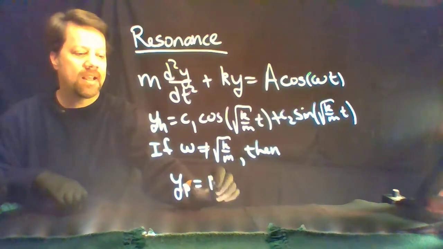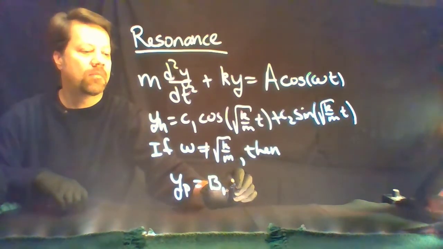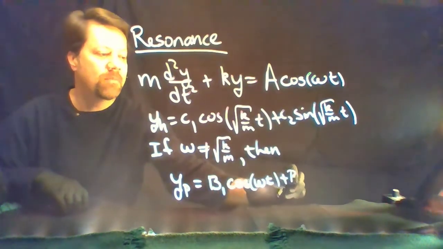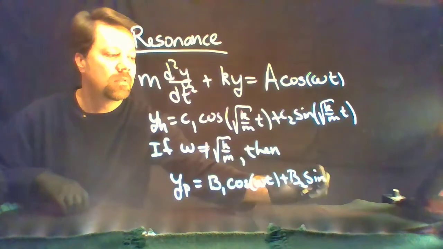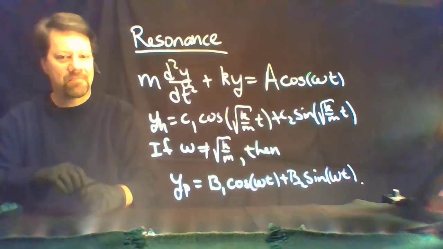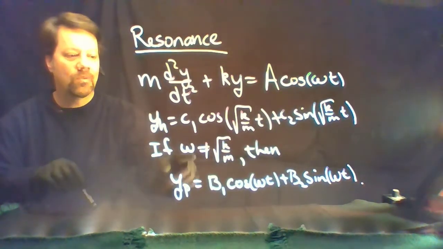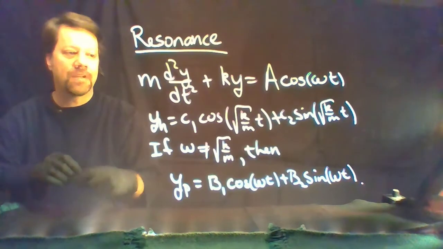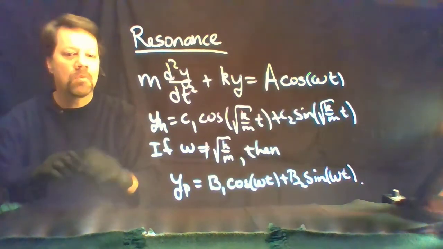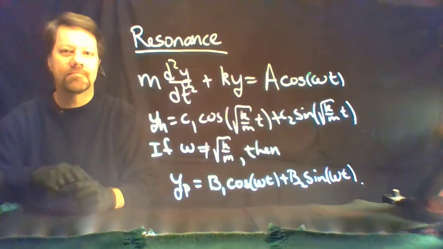It could be, say, B1 cosine omega t plus B2 sine omega t. Now, resonance is not supposed to occur when the natural frequency does not match the frequency of the forced oscillations, but we'll solve this case just for completeness.